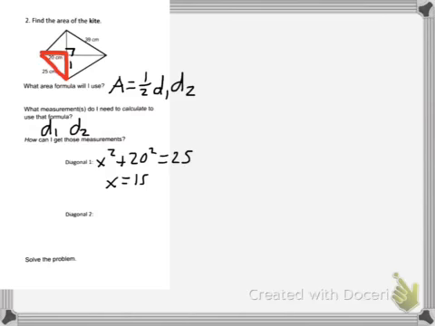If you remember properties of kites, the longer diagonal bisects the shorter one in this picture. So if this piece is 15, that means this piece is also 15, meaning that the whole diagonal would be 30. So we're going to say that D1 is 30.